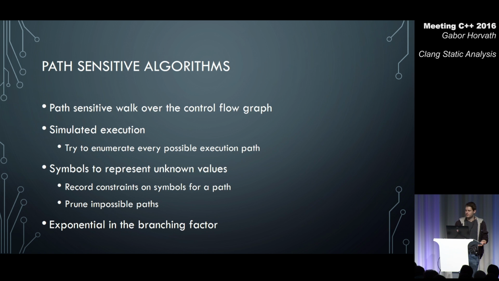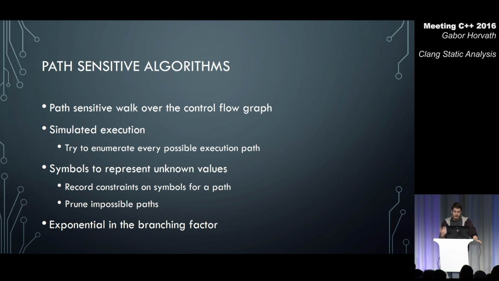But instead, when we encounter a value that we know nothing about because it was supposed to be given by the user, for example, we represent this value using a symbol. And during the execution of a certain execution path, we record the information that we have about that symbol from the conditions, and we can also prune impossible paths.